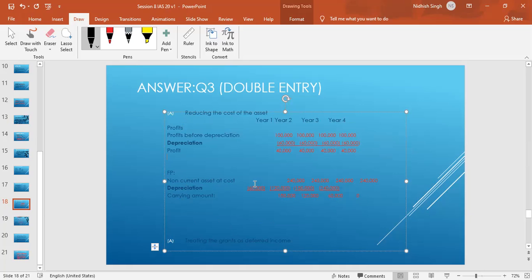Similarly, your financial position, FP, is also starting at 240K. So this is starting at 240K, and at the end of the year, it is 180. And a simple straight line depreciation is used.